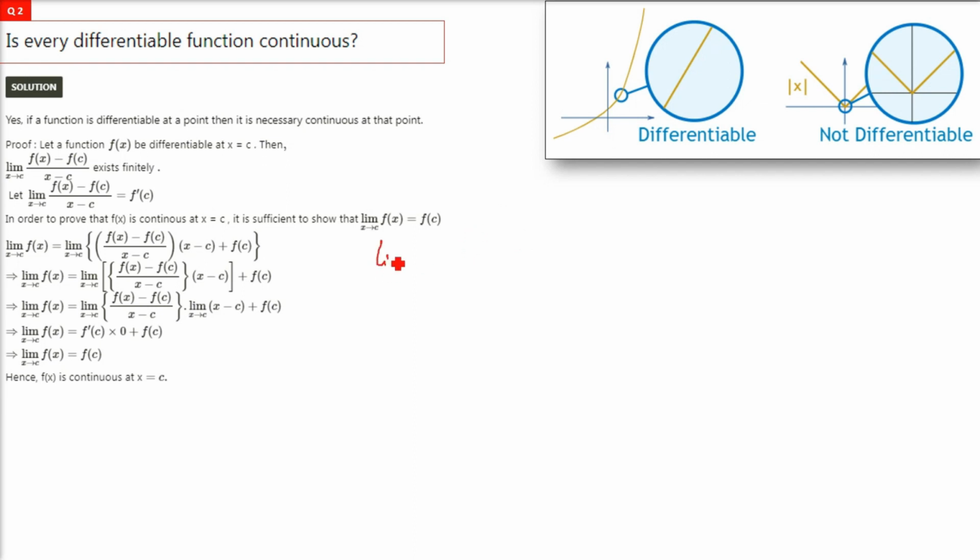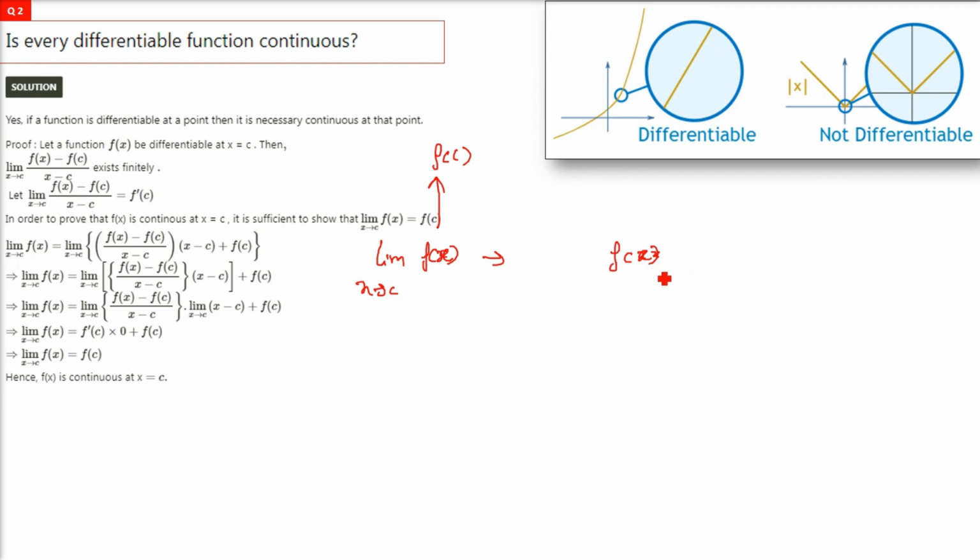So let us see how to prove it. See, we have limit x tends to c f(x). This is what we have to judge, and we will finally prove it to be f(c), that is the value of the function at c. So you have f(x).